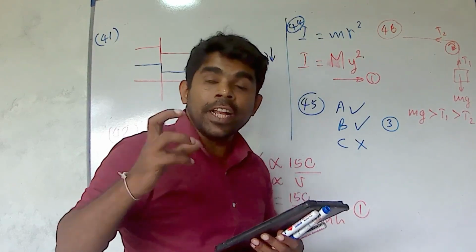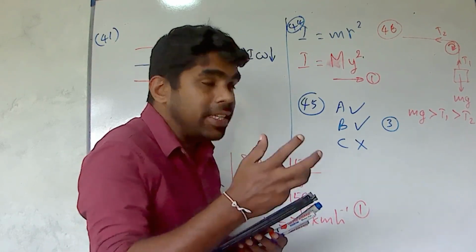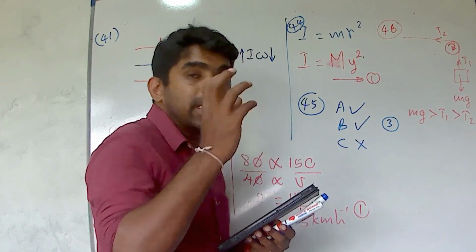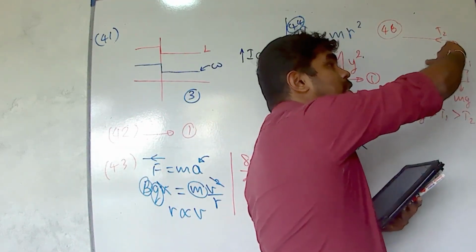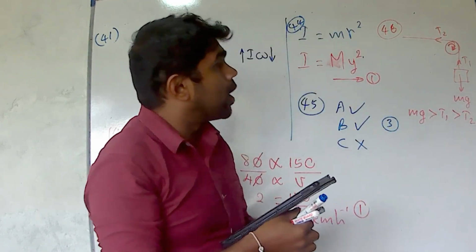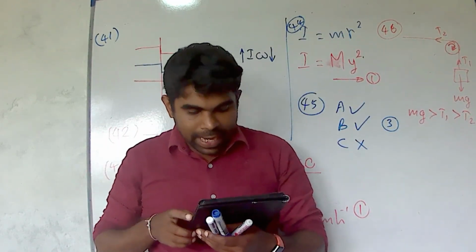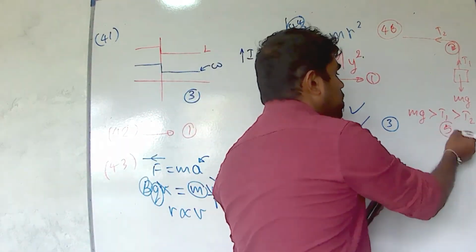Pulley is accelerating. It means pulley should rotate around the axis. Therefore, tensions in these two parts are different values. Pulley is rotating in this direction. Therefore, T2 is smaller than T1. Then we can get answer is 5 for question number 46.